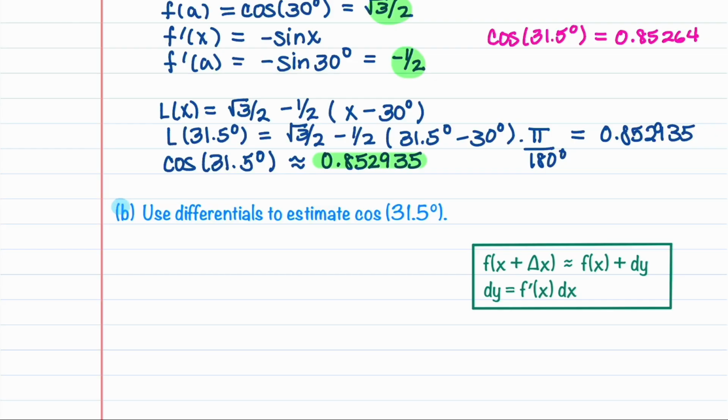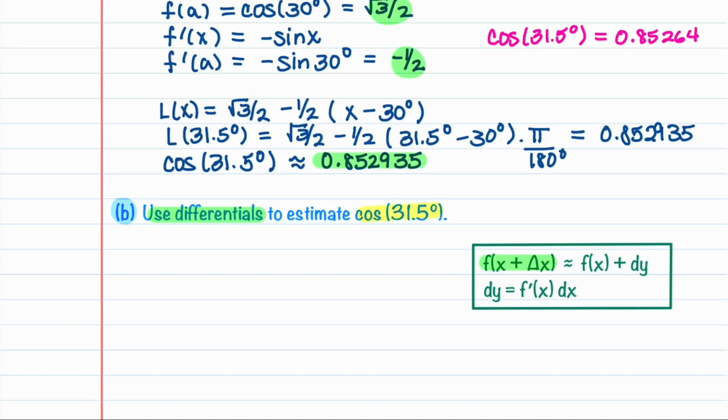Now we're going to do the same thing, except now we are going to use differentials to estimate cosine 31.5 degrees. When we use differentials, the notation is very different than when we used linearization. For differentials, we are going to be approximating f at x plus delta x, and I've written down the formulas for that approximation.